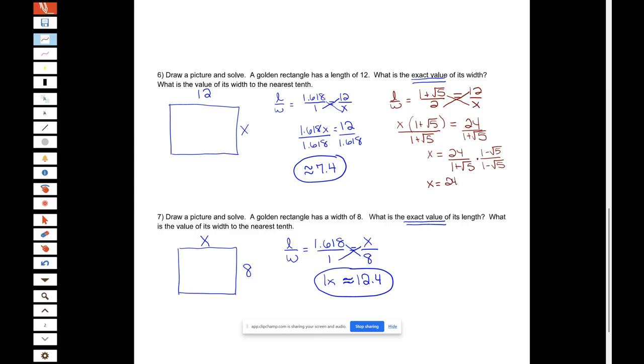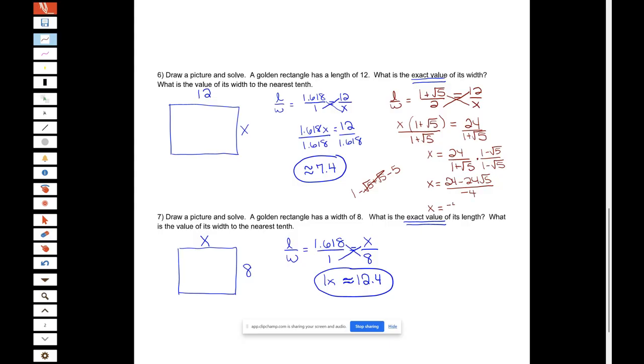So it's 24 minus 24 root 5. And (1 plus root 5) times (1 minus root 5), if you FOIL that out, you get 1 minus root 5 plus root 5 minus root 5 times root 5, which is 5. So 1 minus 5 is negative 4.